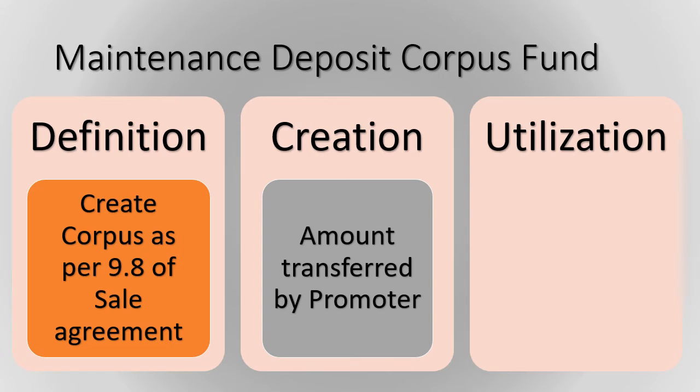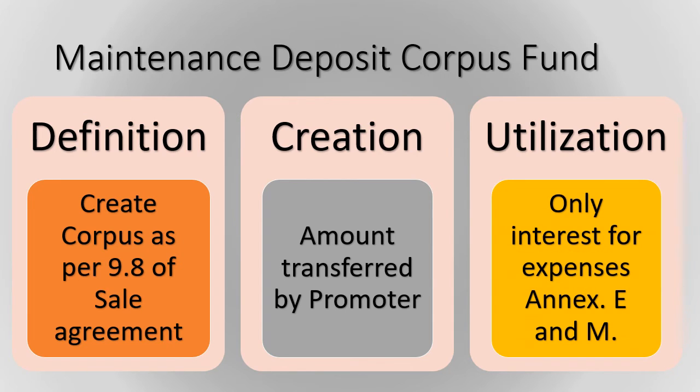Finally, the utilization will be again according to the agreement to sell, which specifies that each flat purchaser and member of the society has agreed that whatever is earned on this corpus will be used for expenses mentioned in Annexure E and M. Annexure E and M refer to the services and amenities of Athashri.